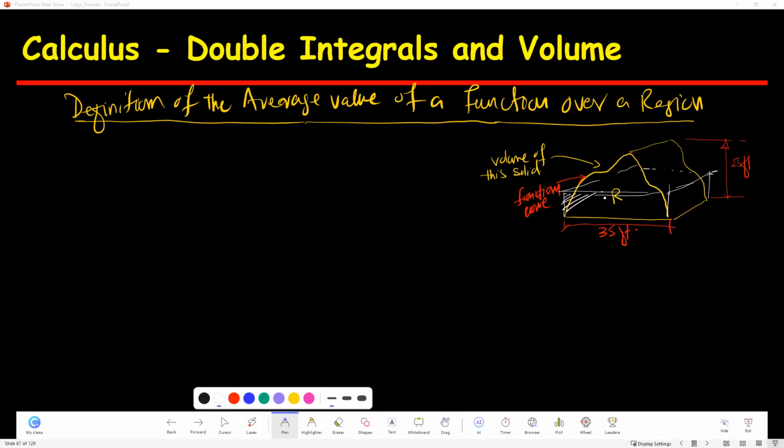So this is going to be filled out, the white one. And this green line is my average of the function.